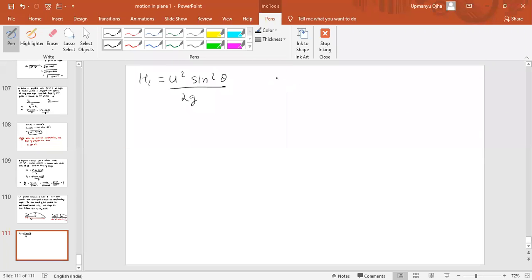Similarly, what is h2? That is u square sine square 90 minus theta by 2g. Now sine square 90 minus theta can be written as cos square theta.